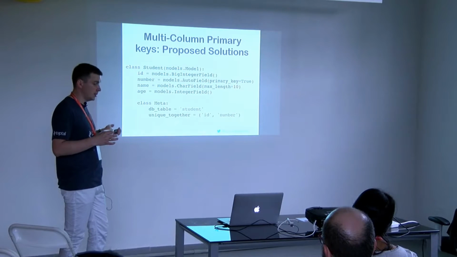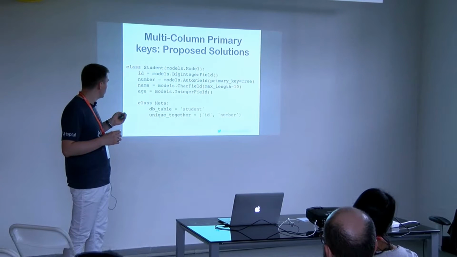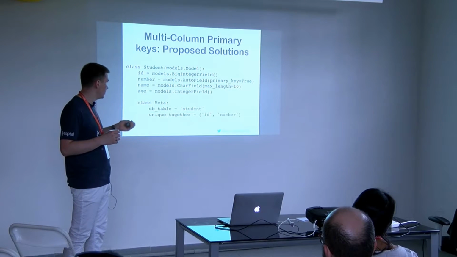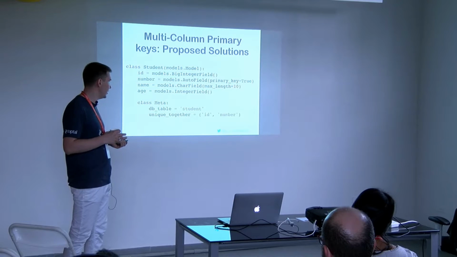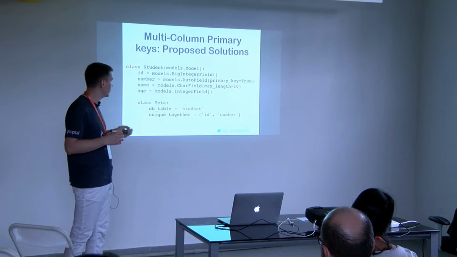But as I said, you can do a trick. You can use one field, for instance, as a primary key, and you can use unique_together. That's how it will be like a composite key for you. On the database level, it will still be one primary key, and it will generate a unique constraint for these two fields.